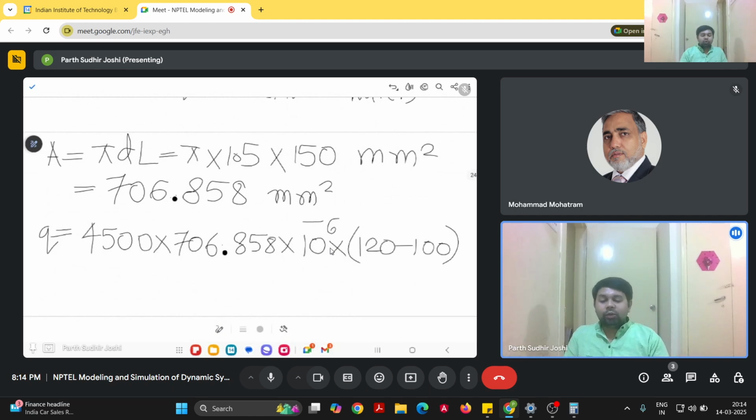We should ideally convert the temperature into Kelvin and then subtract, but we are just concerned with the temperature difference, so it doesn't matter whether we subtract in Kelvin or degree Celsius, because Kelvin and Celsius are just linearly related.